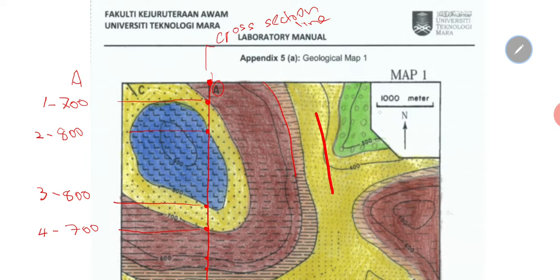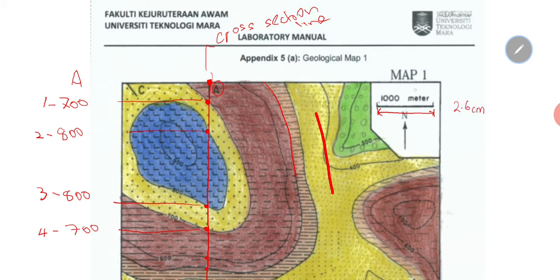Use your ruler, measure this line. What is the measurement? Okay, I'm using my ruler and I get the measurement from this point to this point, about 2.6 centimeters.